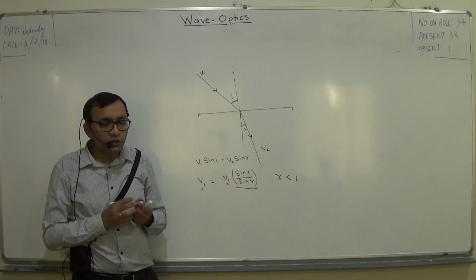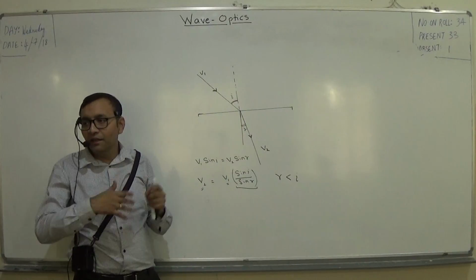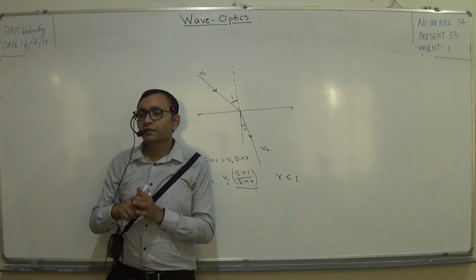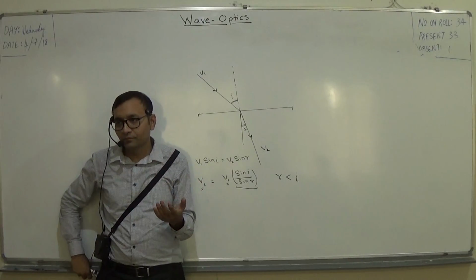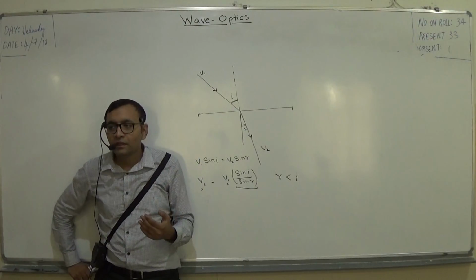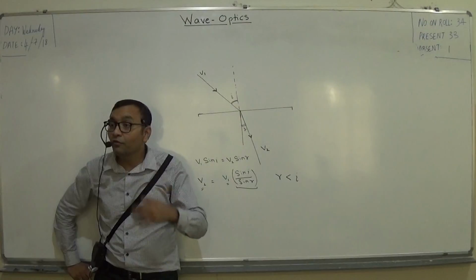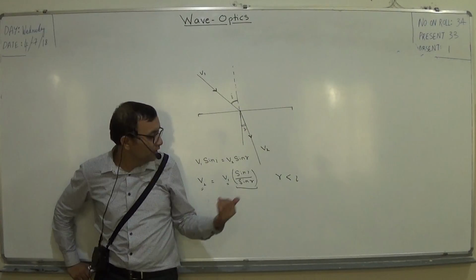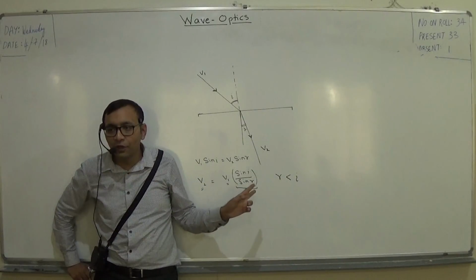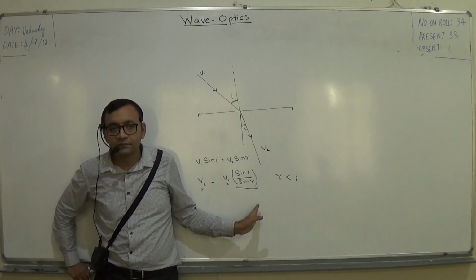So Newton explained reflection and refraction using light as a particle. In this chapter we will understand reflection and refraction as a behavior of a wave, and we will see that it makes sense, because right now if we just use particle theory, it doesn't make sense.